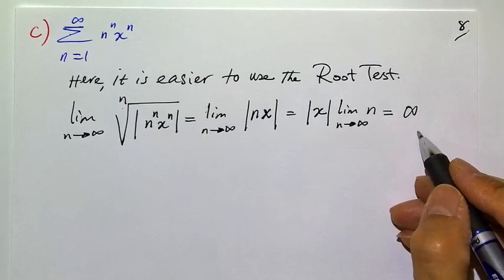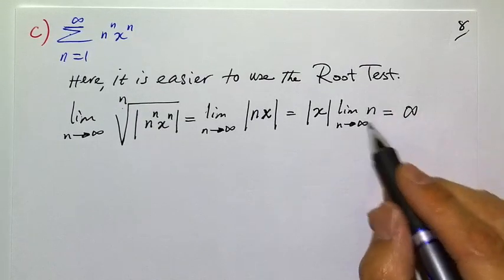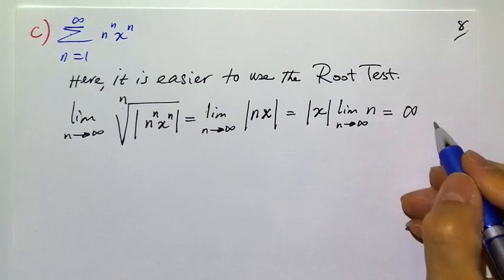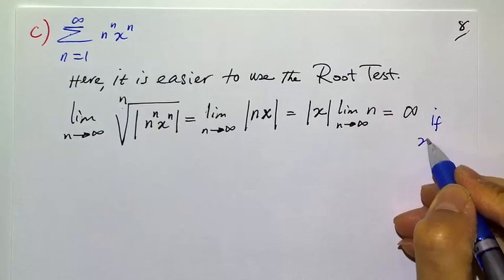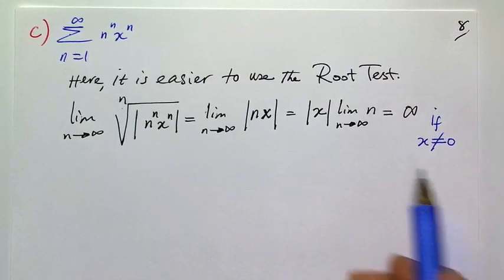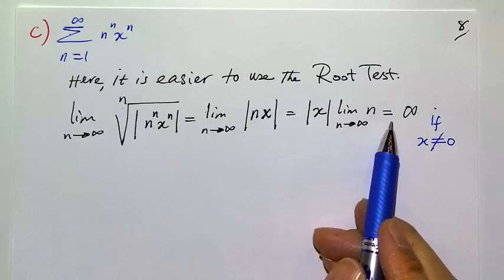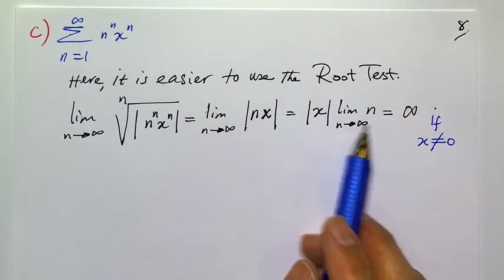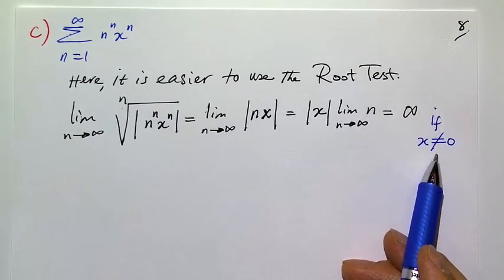And then we have, if x is not equal to 0, right? If x equals 0, then we will have 0. So the series converges only for x equals 0.